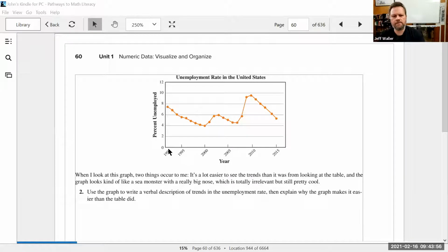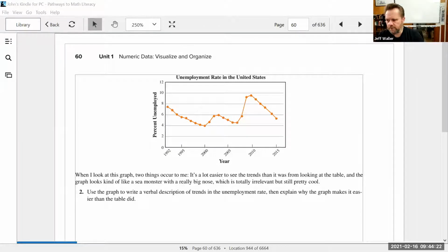Each scale by itself has to be consistent. So I can't go 0, 2, 4, 20, 21, 28, 400. But I can have a different X scale and a different Y scale. They just have to be the same on their axis. Does that make sense? Otherwise, it would be almost impossible.